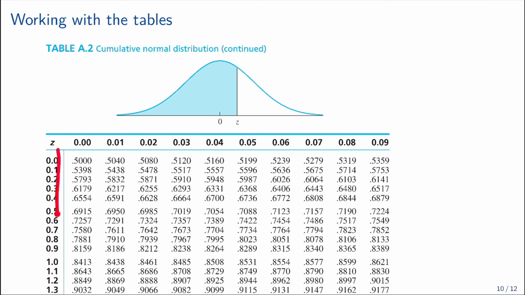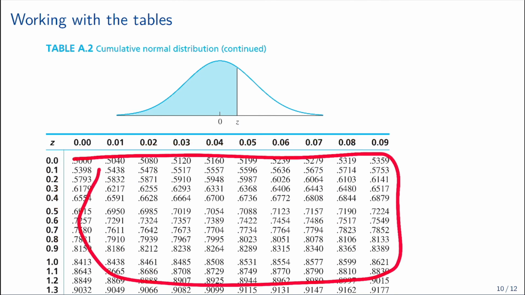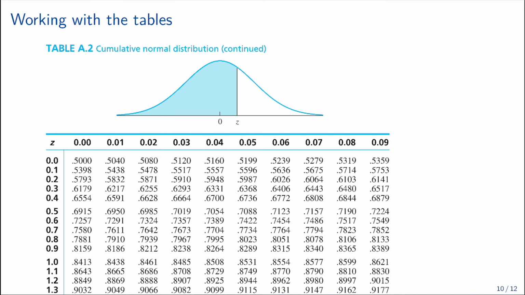The z-scores are given in these two axes, and inside is the value of the integral from minus infinity to z of f of z dz. So this is the value that we have for a given z.